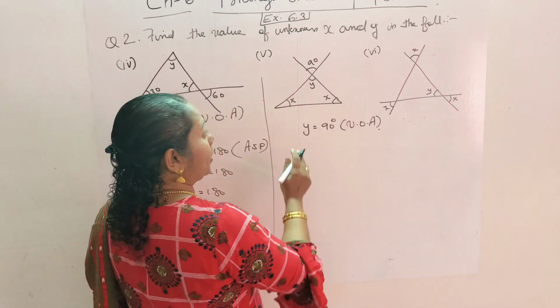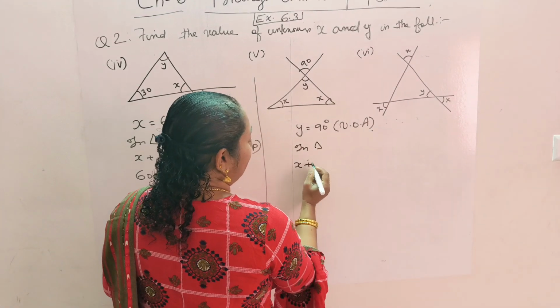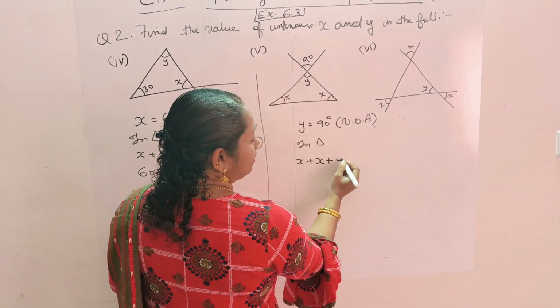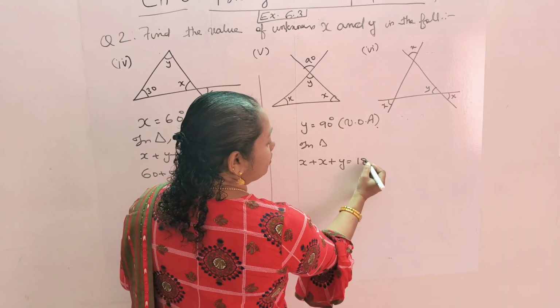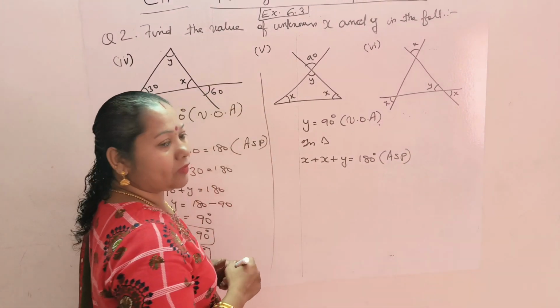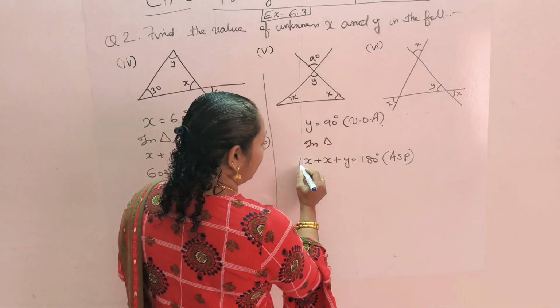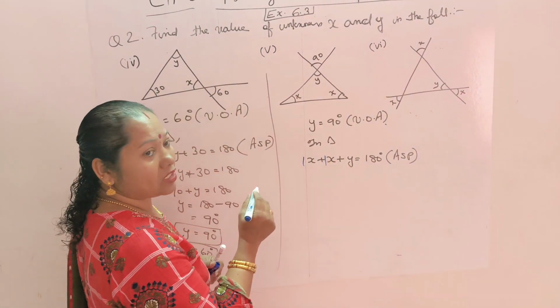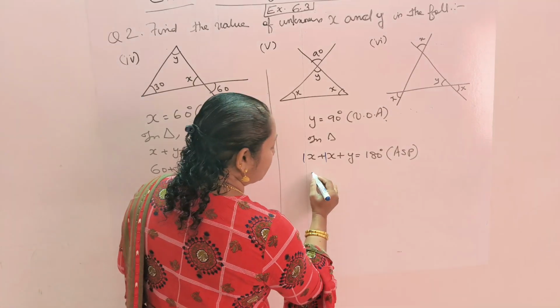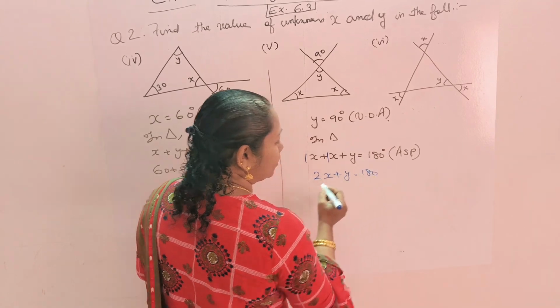Now in the triangle, x plus x plus y equals 180 degrees, angle sum property. Since both are x, that is 1x plus 1x, which means 2x, plus y is equal to 180 degrees.